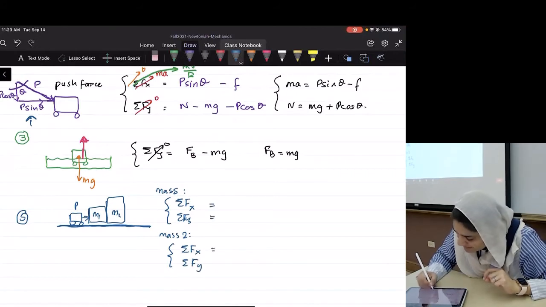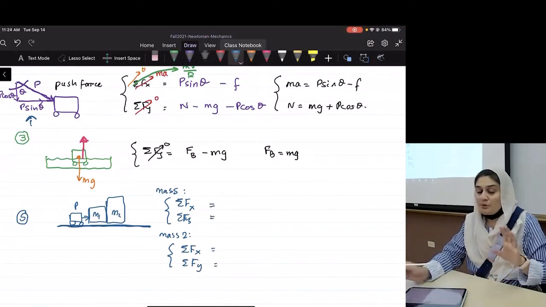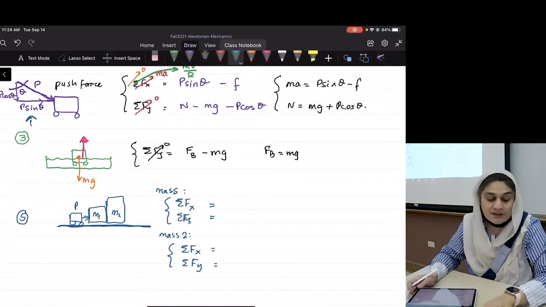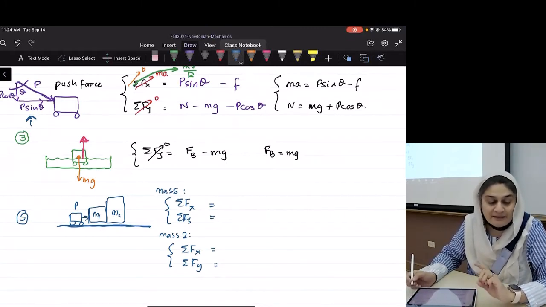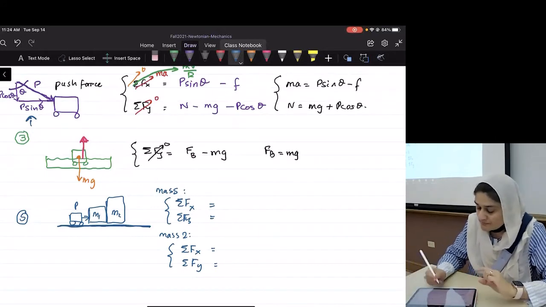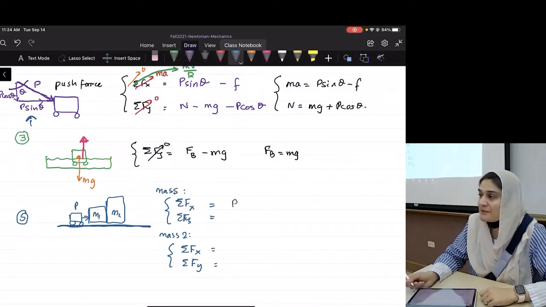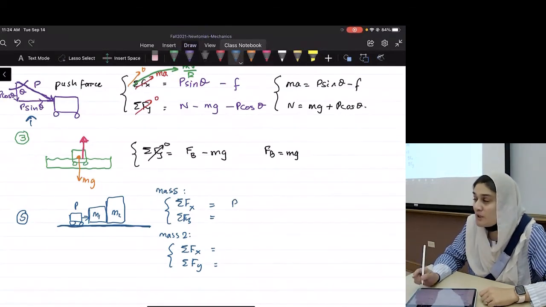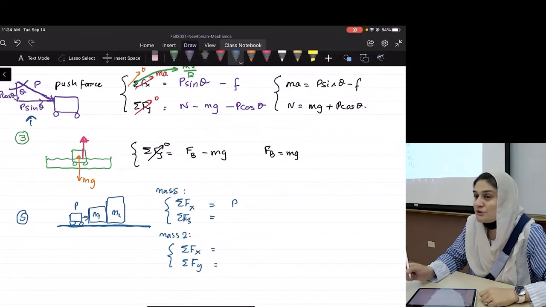This is where Newton's third law will become very important. Just watch. So the car is applying the force on mass 1 only. So push is being applied to mass 1. But mass 1 is applying the force to mass 2.